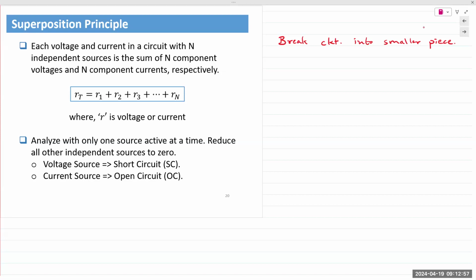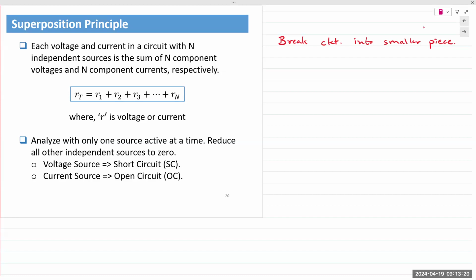Right? If it's only the voltage source that's active, you would have a different voltage or current appearing in the circuit. If it's only the current source that is active, you would have a different voltage and current that appears in the circuit. But if both of them are on and active at the same time, the resulting voltages and currents anywhere in the circuit is a result of both of these sources working at the same time, right?